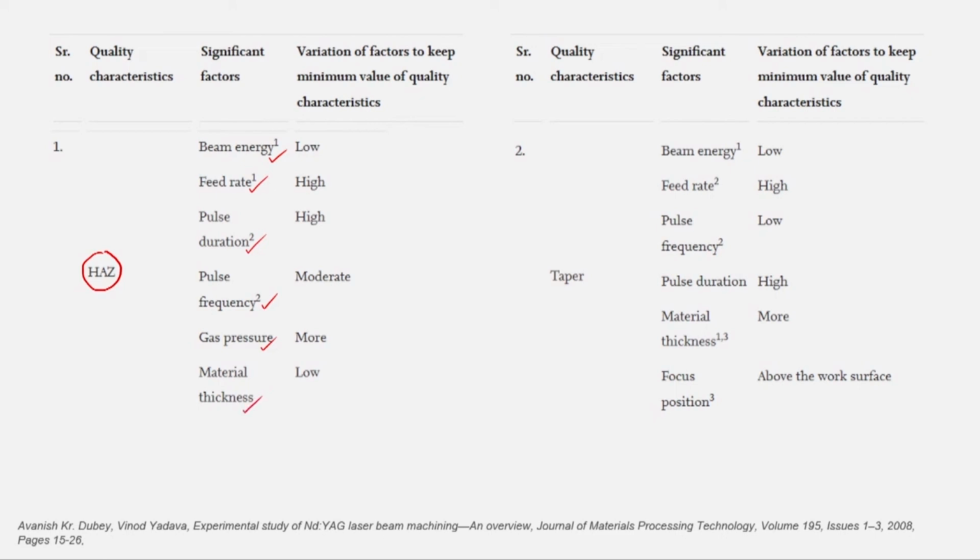To have the HAZ value at its lower level, we have to have the laser beam energy small. It is very natural: if the power is less, the heat affected zone would be low.